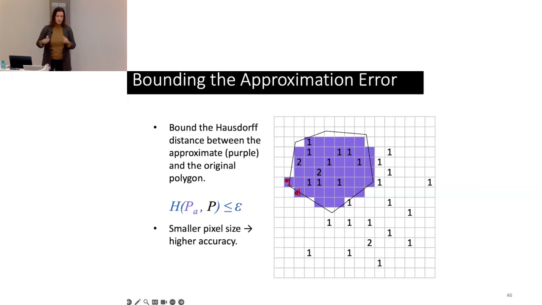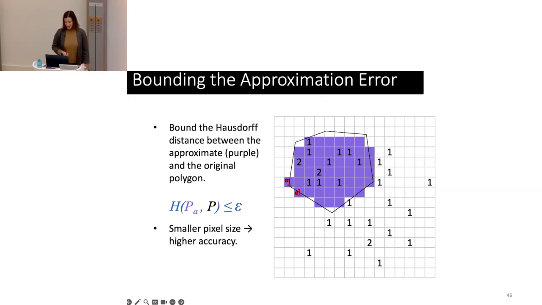Intuitively, if we use a smaller pixel size, so if we do this drawing at a higher resolution, then the pixelated purple polygon will approximate our original polygon more closely, and as a result, overall, we will have a higher accuracy. So that's how we can manipulate this bound.